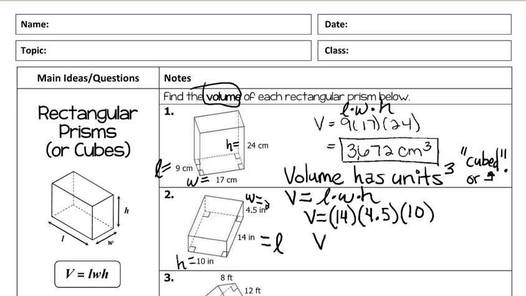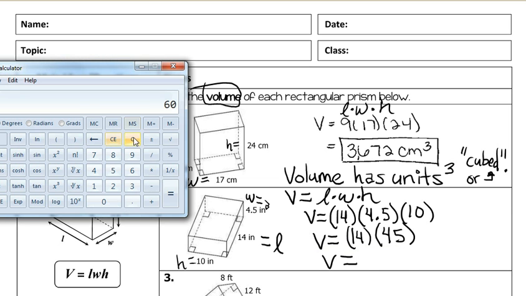So I'm going to just write this down first so we can have all the steps. 14 times 45. Now let me go grab my handy dandy calculator. I'll clear it out. So we have 14 times 45, which is 630.